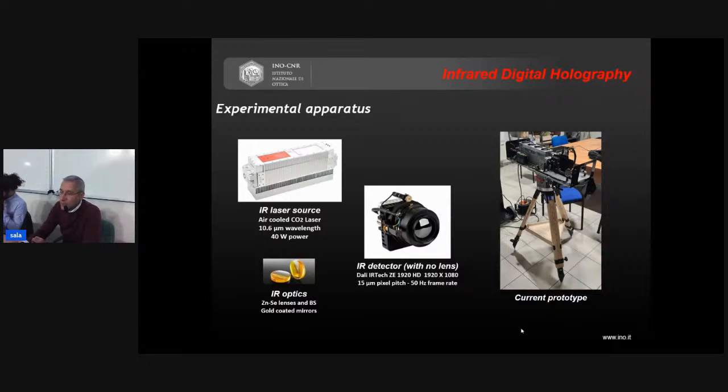Currently, we are using an air-cooled CO2 laser at 10.6 micrometers with a 40 watt output power and a microbolometric camera with a full HD resolution, 15 microns of pixel pitch and 50 hertz of frame rate. All these things are inserted in a relatively compact prototype, which can be mounted on a tripod.